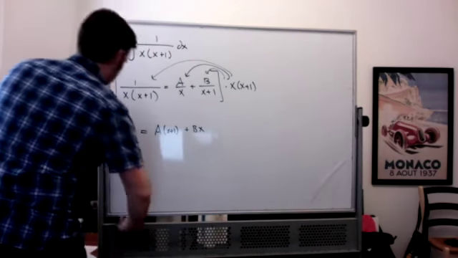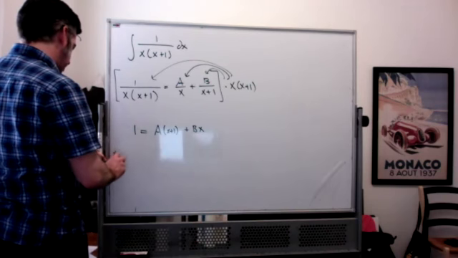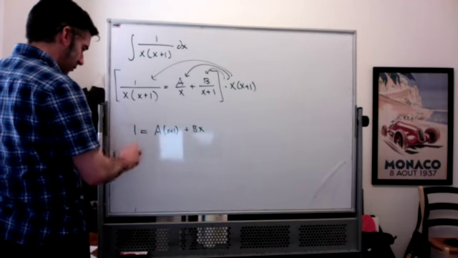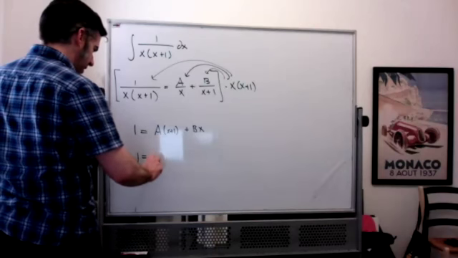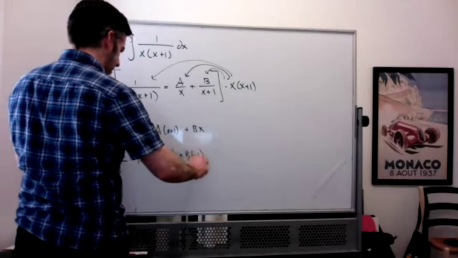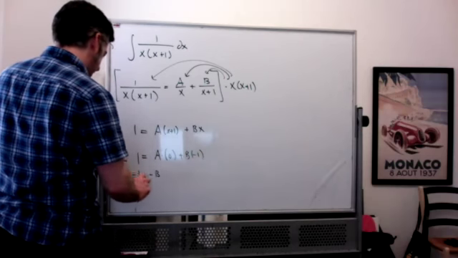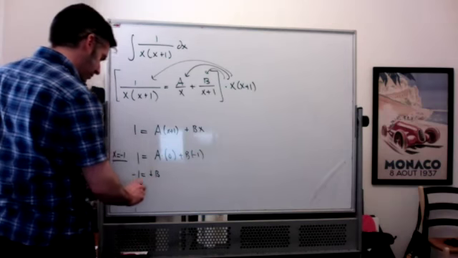I just don't want you to miss this one here. So I pick x equal to -1. I have 1 on the left. I have a times 0 plus b times -1. So I have 1 equal to -b, or -1 equal to positive b.